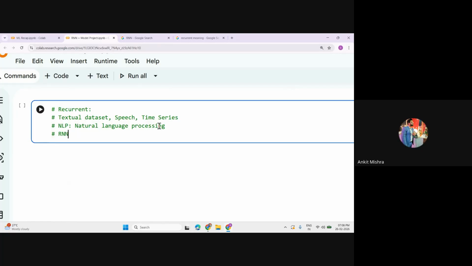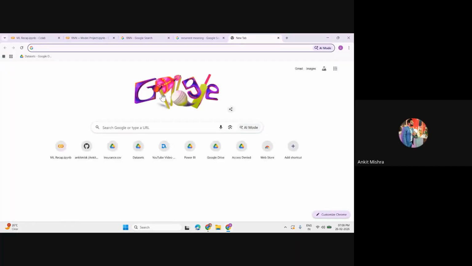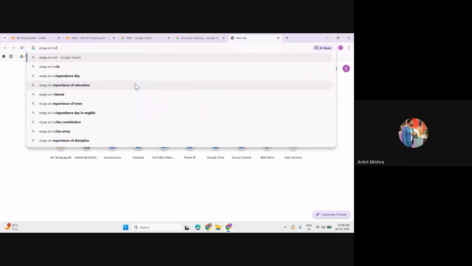RNN is recurrent neural network, and recurrent means we are training something repetitively. So let's understand how exactly these neural networks work, right? And we have to understand some tokenization concepts, like the vocabulary concept and the corpus concept. So suppose let me go and check the essay on India, okay?